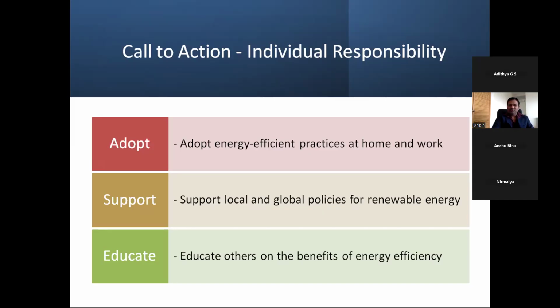Support local and global policies for renewable energy, and educate others. Those who are elder may not be aware of all the latest technologies and changes that are happening. So we might need to educate them on how they can adopt a new technology and save energy as well as money.